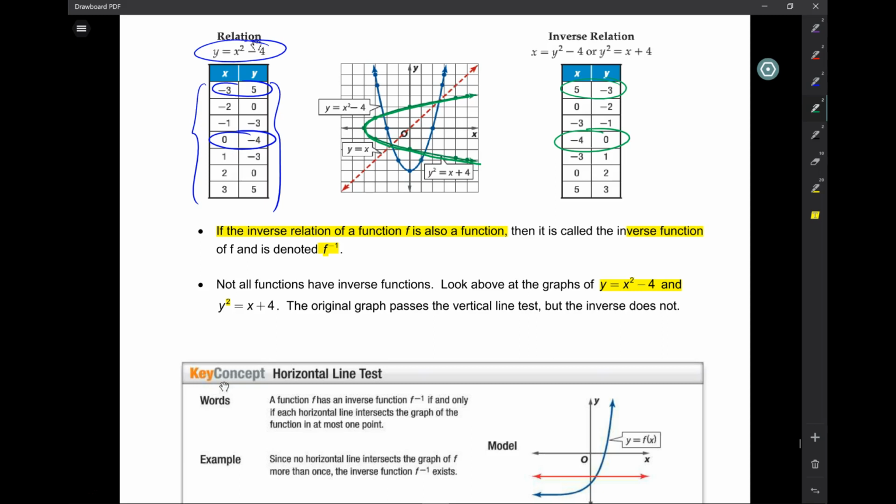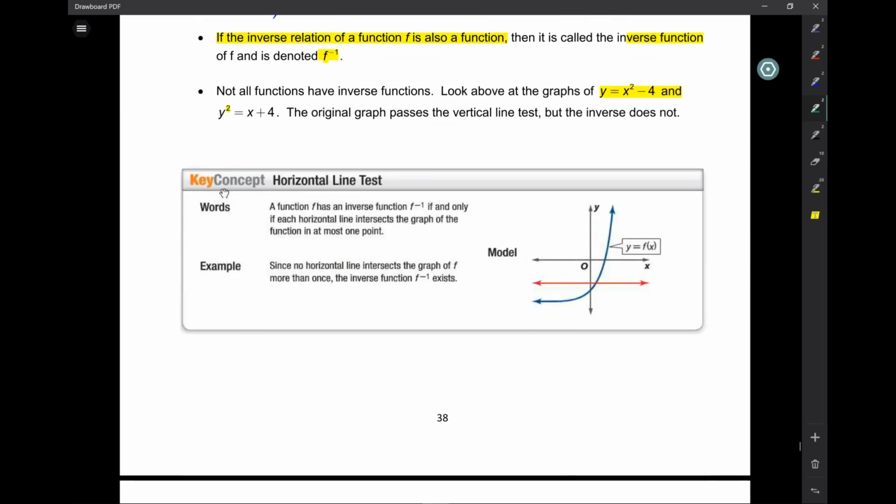All right? And there are ways to get around that. We saw in trig, when we were doing trig, remember? The sine graph didn't qualify. So what did we do? We had to restrict the function's domain so that the inverse would be a function, remember? Okay. Horizontal line test. We sort of touched on this with the sine.